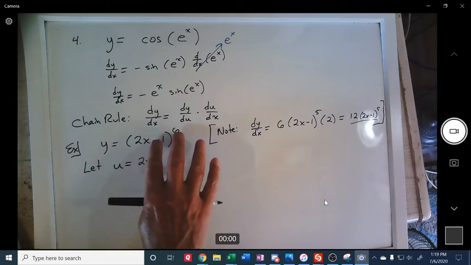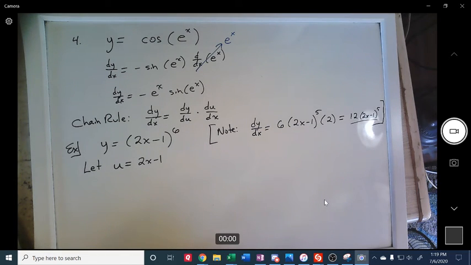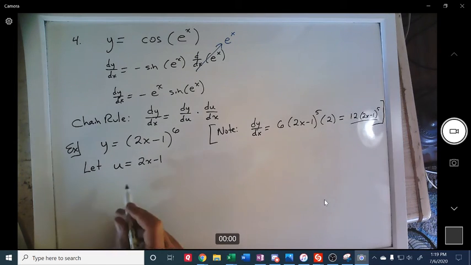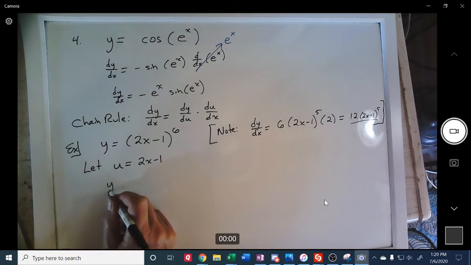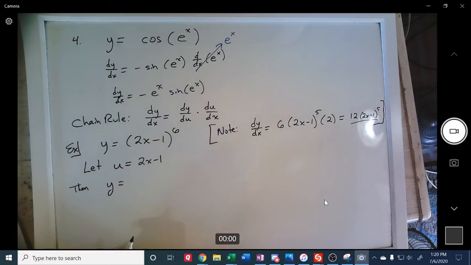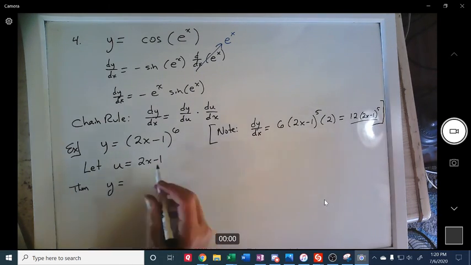It excluded the outermost function, which was the 6th power. Now, if u is defined to be the inner function, then you can rewrite y without using x's at all. How would I rewrite y without using x's? I would just say y is u to the 6th power.